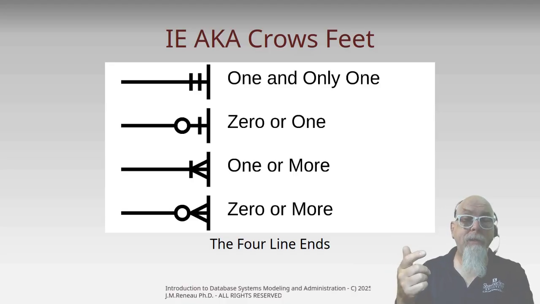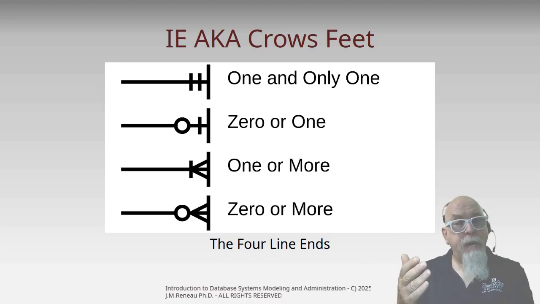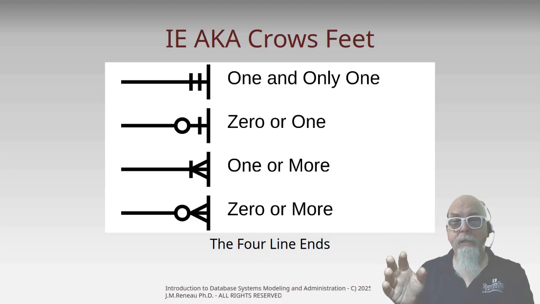And then the last symbol represents 0 or more. So by just looking at the shape at the end of the arrow, the crow's foot as we call them, you should be able to very easily see what the shape means: one and only one, 0 or 1, 1 or more, or 0 or more.